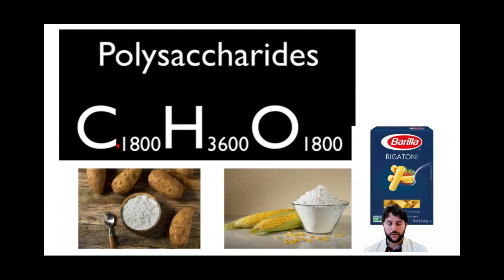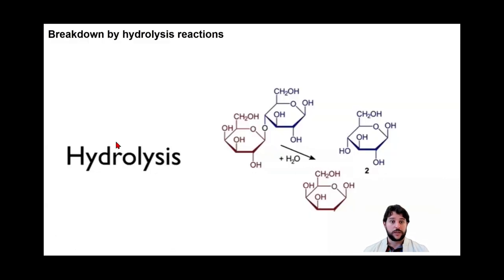Okay? All right. Once we build the carbohydrates, especially plants build this by photosynthesis, if you eat and digest, how do we break them down? The anabolism of carbohydrates is called condensation, the catabolism, the breaking down, is called hydrolysis.